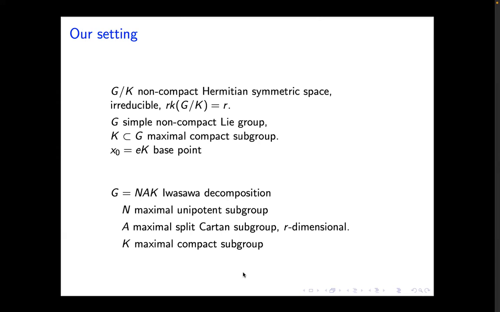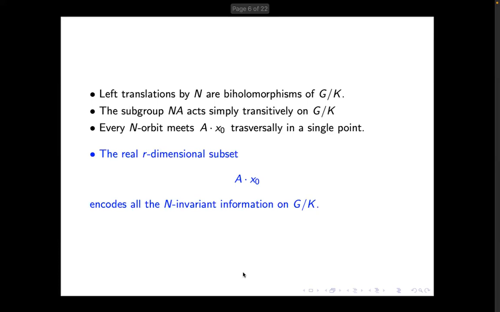So we fix an Iwasawa decomposition, and then, for instance, the group N, a maximal unipotent subgroup of G, acts by left translations on G mod K, and these transformations are biholomorphisms of G mod K. The subgroup NA acts simply transitively on G mod K because of this Iwasawa decomposition.